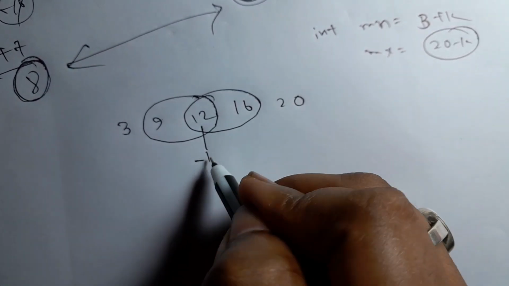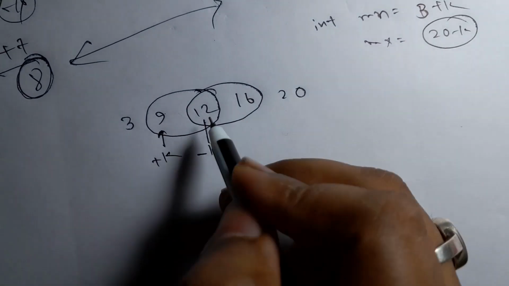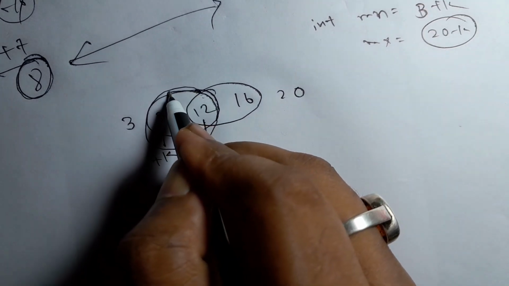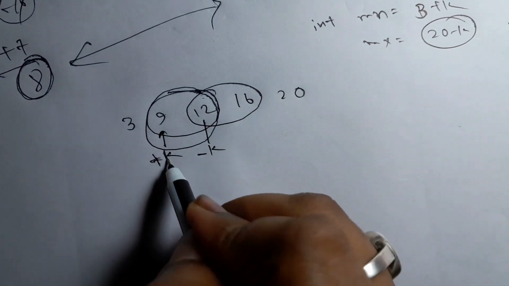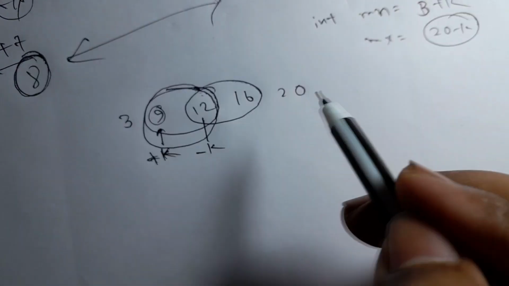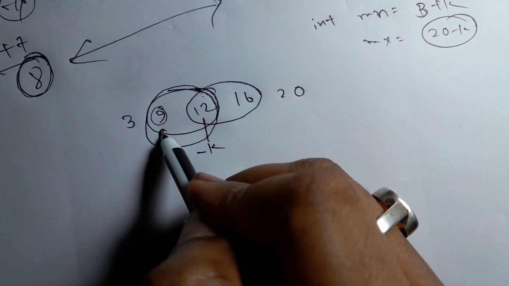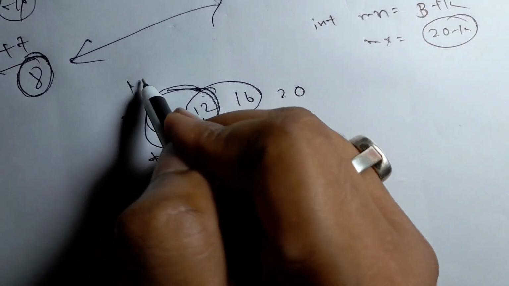We will decrease this element by k and increase this element by k, and we will check whether these two are the minimum and maximum element. It may happen that after increasing by k it becomes the maximum element. Hope you understand. Suppose our k value is 12.